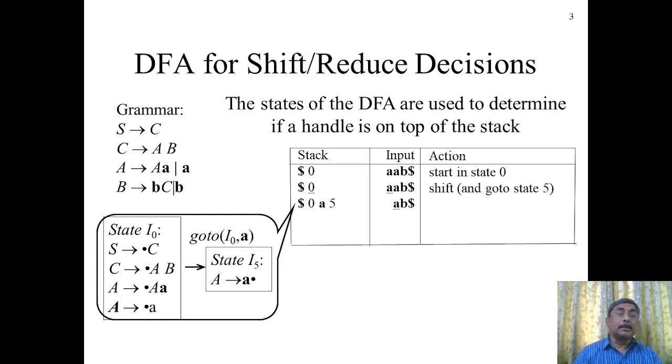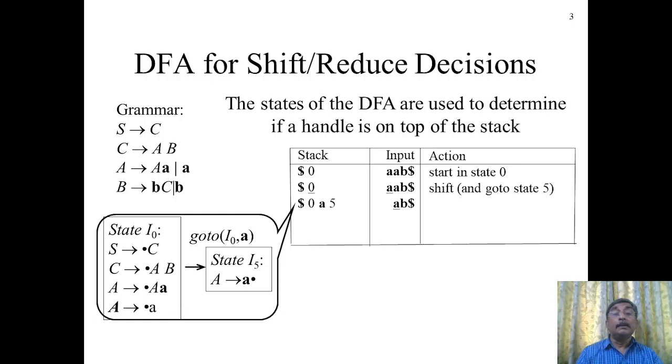Just as dollar is the bottommost element of the stack, similarly dollar becomes a delimiter of the sentence. After the sentence, a dollar is put to show that we have come to the end of the sentence. So we start in state 0, and when we find that the input symbol is a and the state on the stack is 0, I find out from the state machine which we constructed: if I am in state I0 and I have an input symbol small a, where should I go?